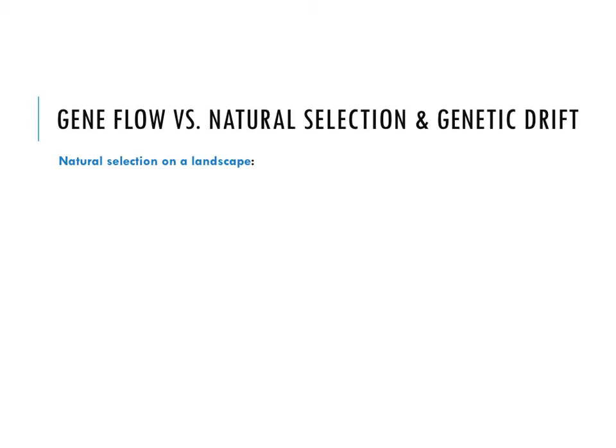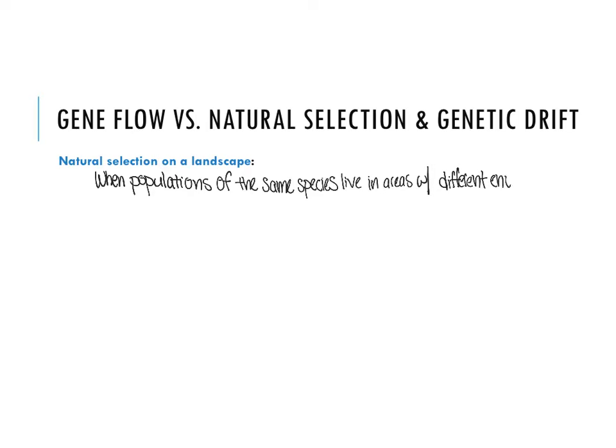So first, when populations of the same species live in areas with different environmental conditions, natural selection will cause each population to adapt to its unique conditions.